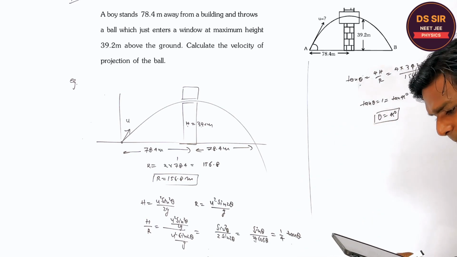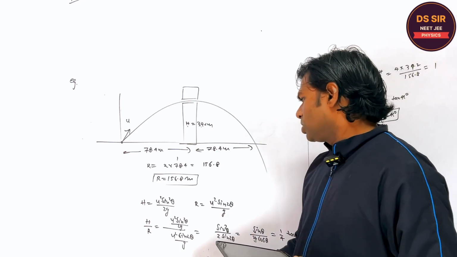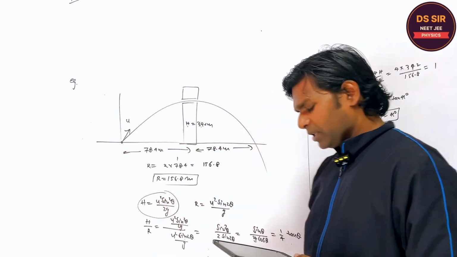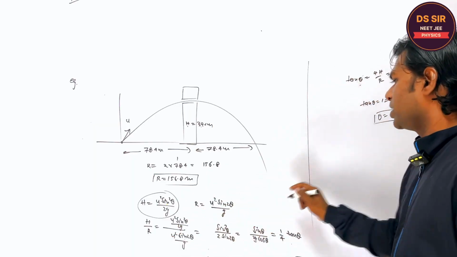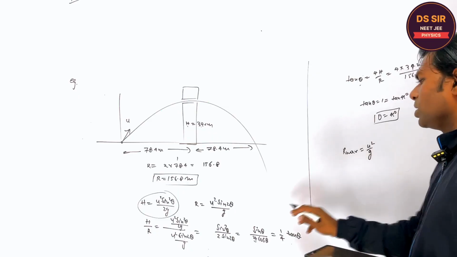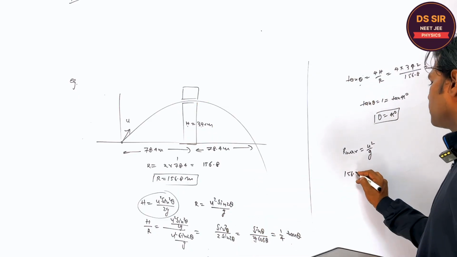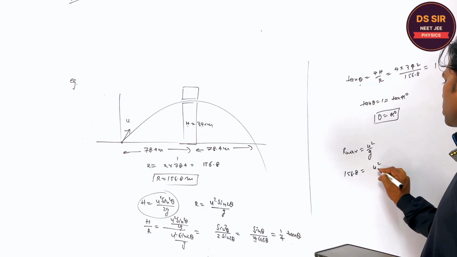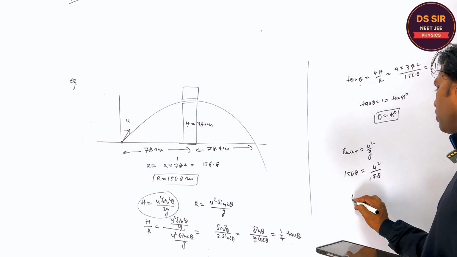So what they are asking? They are asking the velocity of the projection. So you can take any of the equations, or you can take the range equation. So the range is maximum, which is equal to u square upon g, because sine 2 theta is 1. The maximum range is 156.8. The speed we have to find, and the value of g I am taking 9.8.